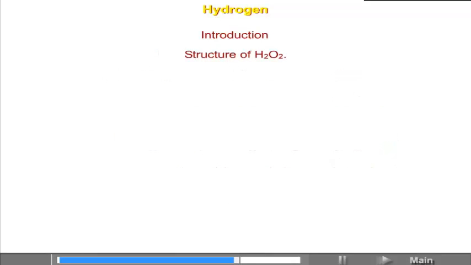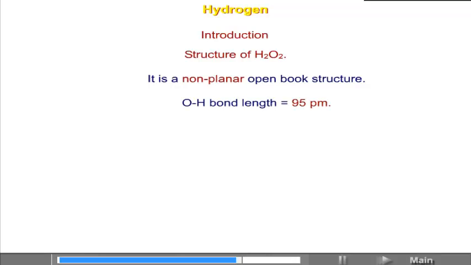Structure of hydrogen peroxide. It is a non-planar open book structure. Oxygen-hydrogen, that is O-H single bond length, is 95 picometer. Oxygen-oxygen bond length is 147.5 picometer.